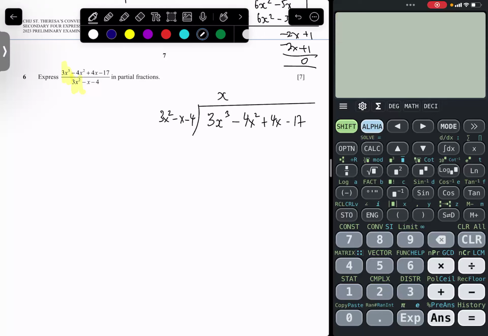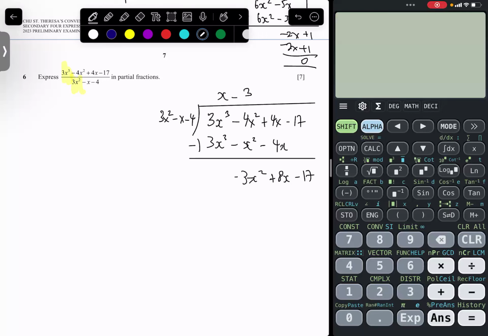So we have x, 3x cubed minus x squared minus 4x, minus 4x squared minus negative x squared. So negative 3x squared. Here we'll get plus 8x minus 17.